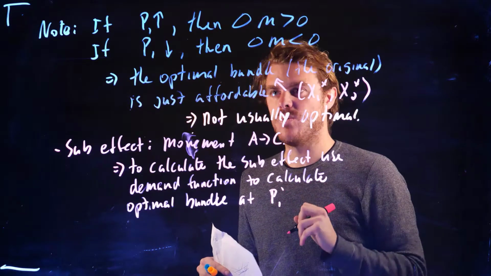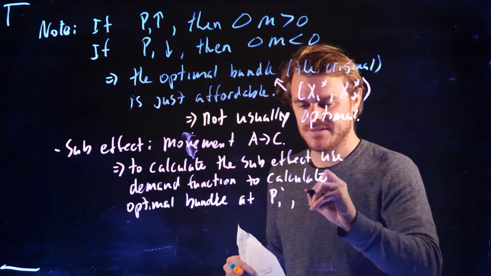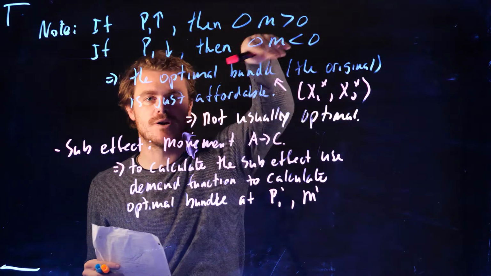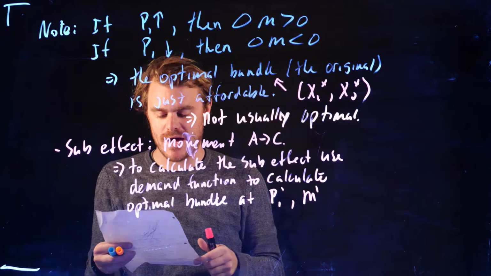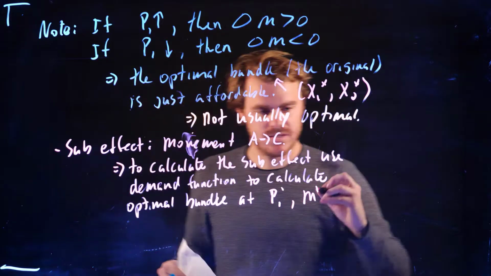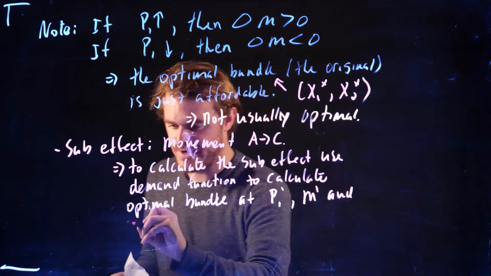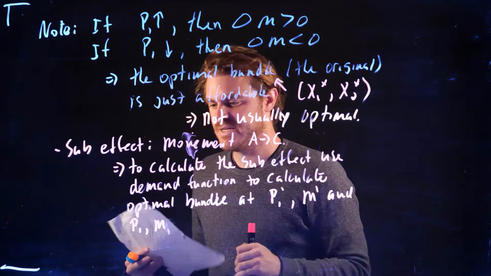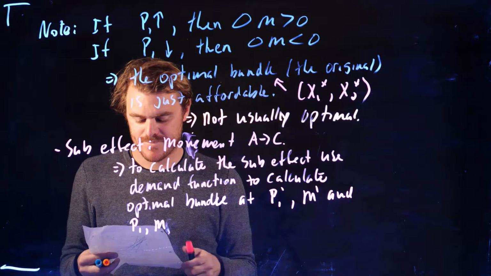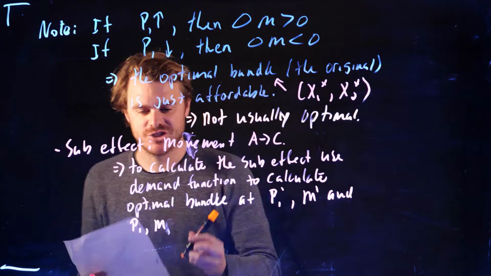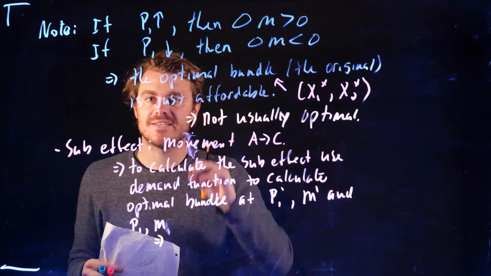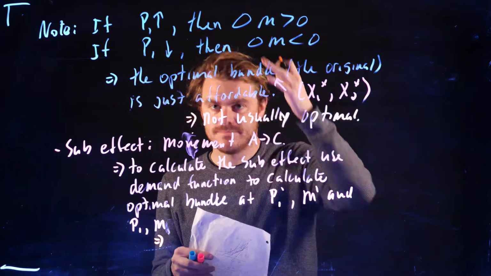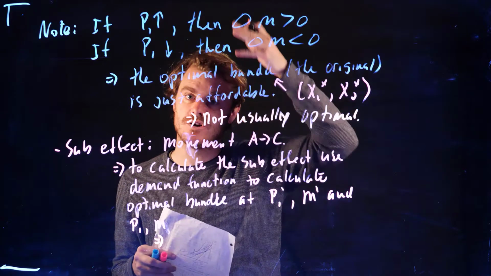Let's call it P1 prime for the new price and M prime for that new compensated income, where we're adjusting income to keep purchasing power constant. And the original one is just P1 and M. Now this change could be large or small, and that's going to depend on preferences. By preferences I mean the indifference curves as well, right?